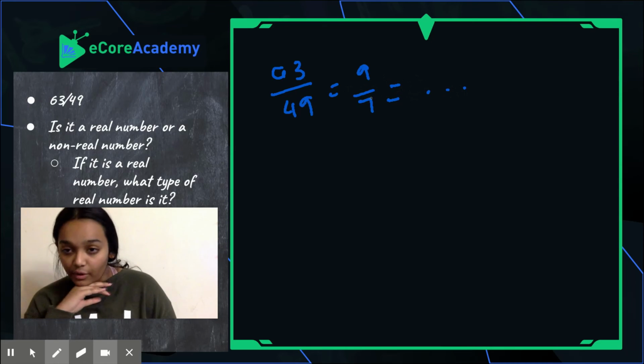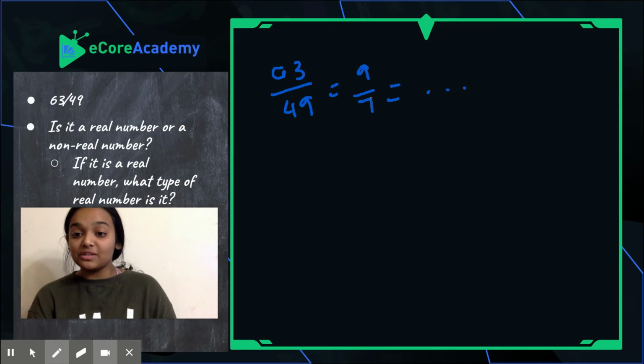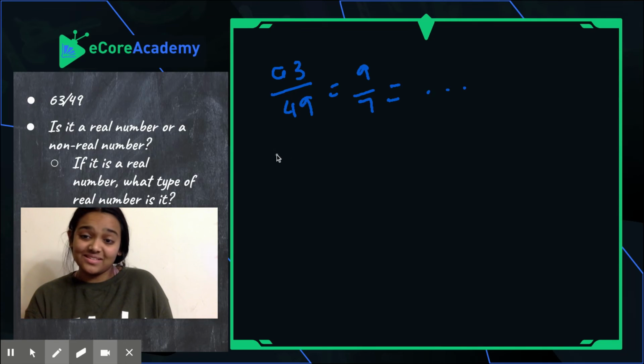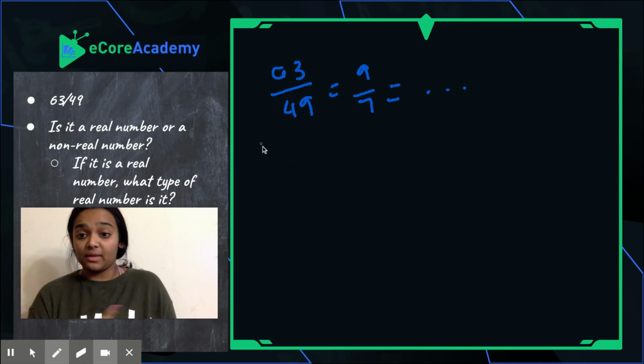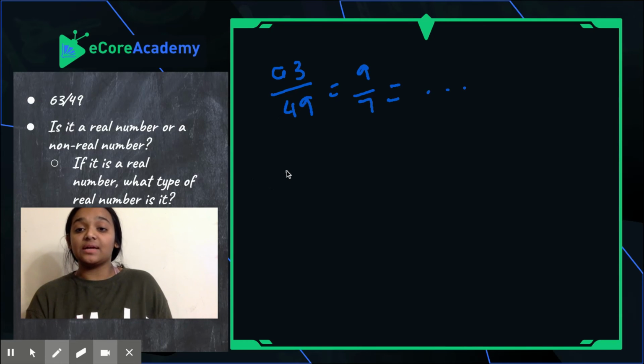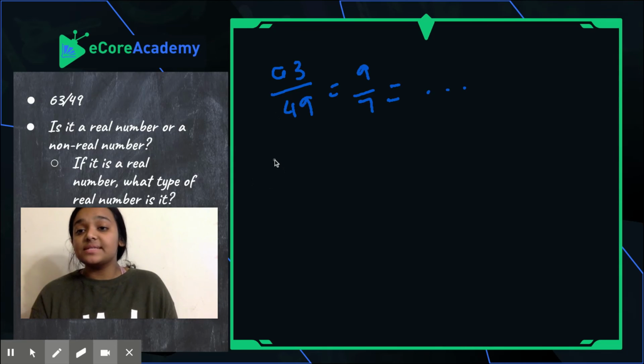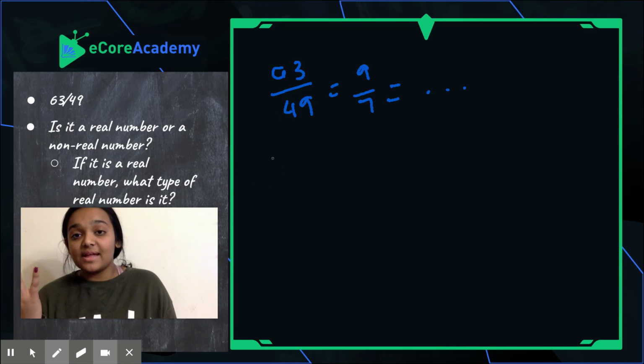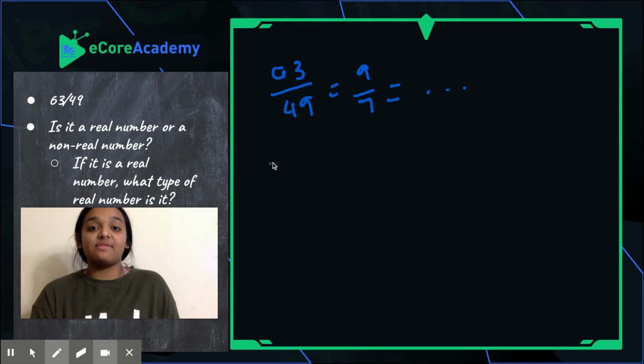Since we already know it's a real number, we remember that it's not a natural number because it's not 1, 2, 3, 4, 5, 6, something like that. We know it's not a whole number because there's no 0, 1, 2, 3, 4, 5, 6. Same with integer. It's not a negative whole number, meaning it's a rational number or an irrational number.